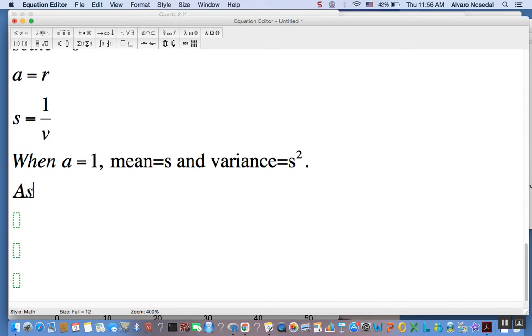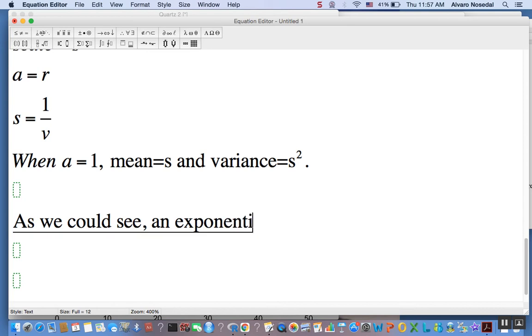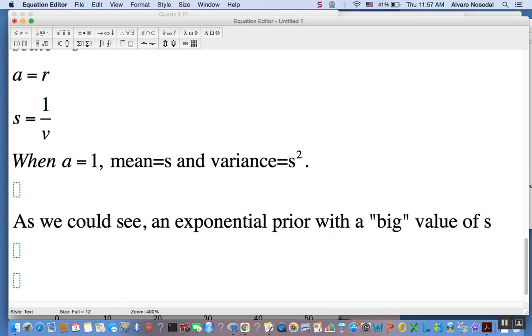So as we could see, an exponential prior with a big value, because it wasn't that huge, it was 10,000 I believe, with a big value of s, looks very flat.